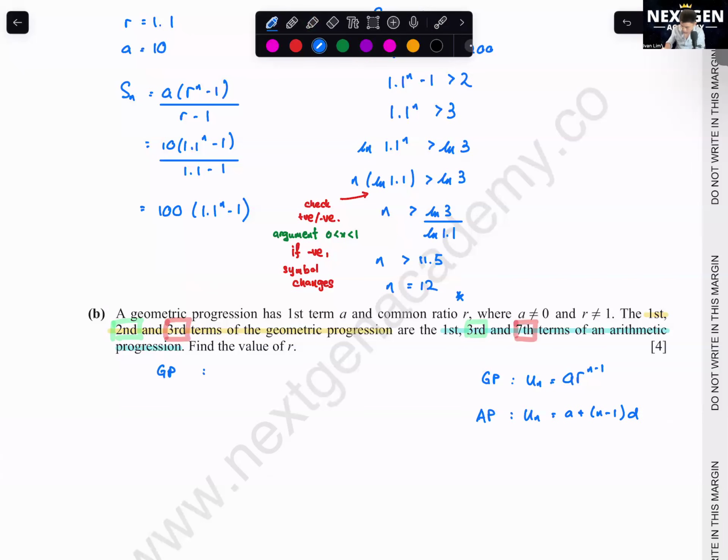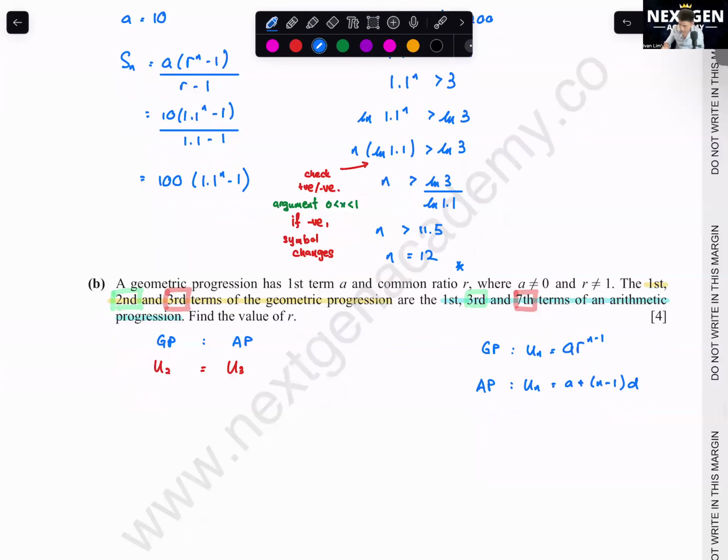GP to AP. The first statement here, second term is equal to the third term of AP. We take AR to the power of n minus 1, so this will be AR equals A plus n minus 1, 3 minus 1, which is 2D.